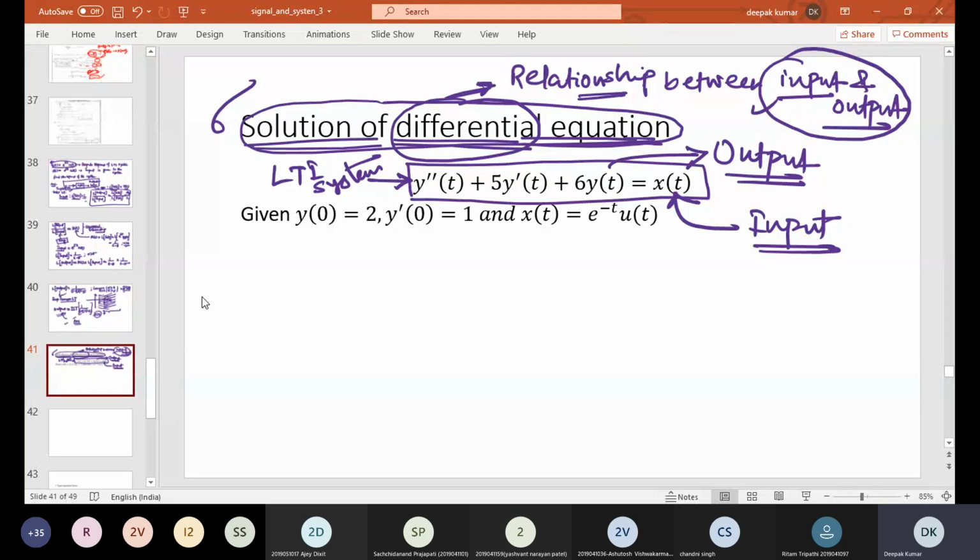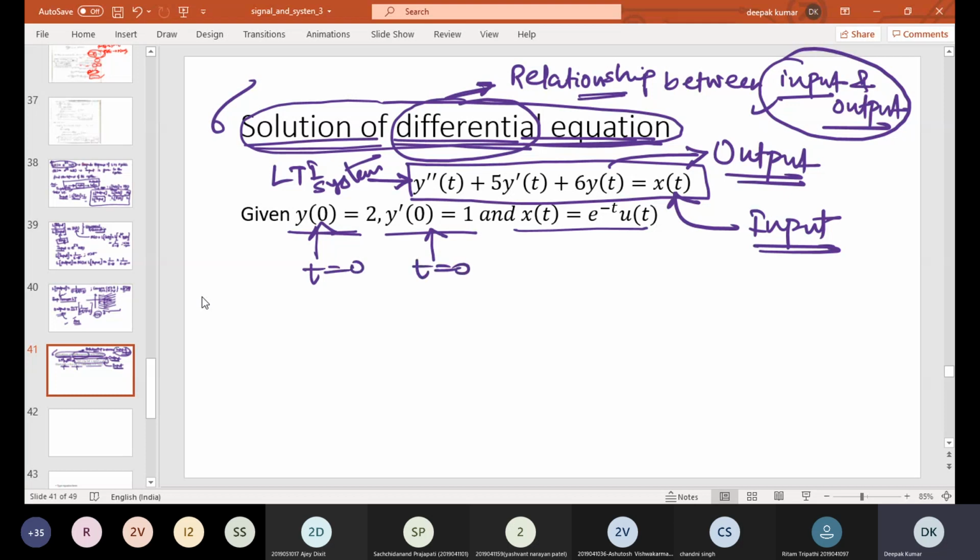first you have to perform the Laplace transform on both sides. Here some conditions are also given: y of 0 is equal to 2, y dash 0 is 1, and x t is equal to e to the power minus t u t. This is the value of y and the derivative of y at t is equal to 0.